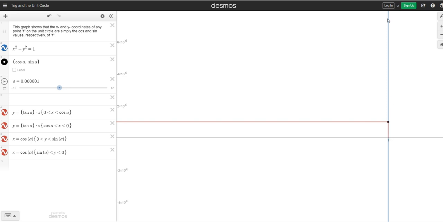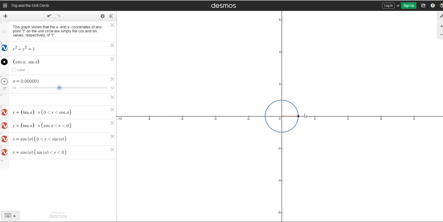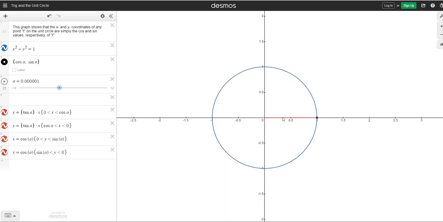And this blue line is our unit circle, zoomed in so close it looks like a vertical line, not a circle. But this is creating a very, very small angle. It's a very small angle in degrees here. If we zoom out, we could see exactly how small it looks like a horizontal line, but it's not. It is in fact a very tiny angle.